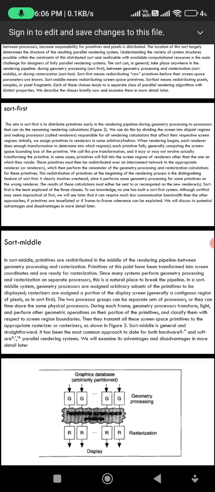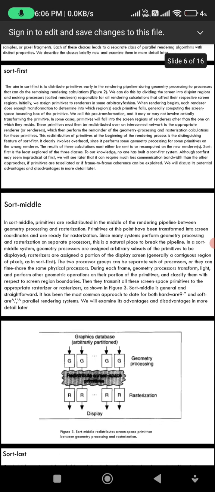In some cases, primitives will fall into the screen regions of renderers other than the one on which they reside. These primitives must then be redistributed over an interconnect network to the appropriate renderer, which then performs the remainder of the geometric processing and the rasterization calculations for these primitives.